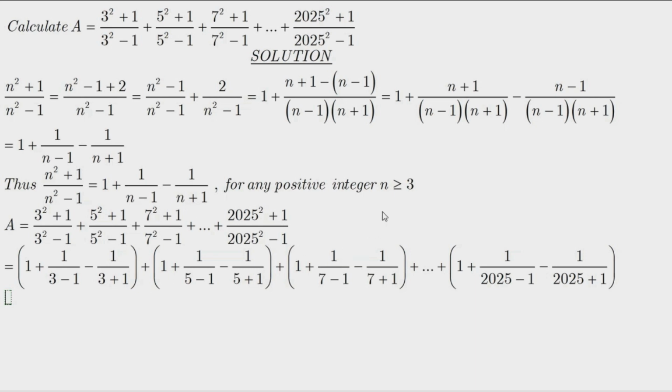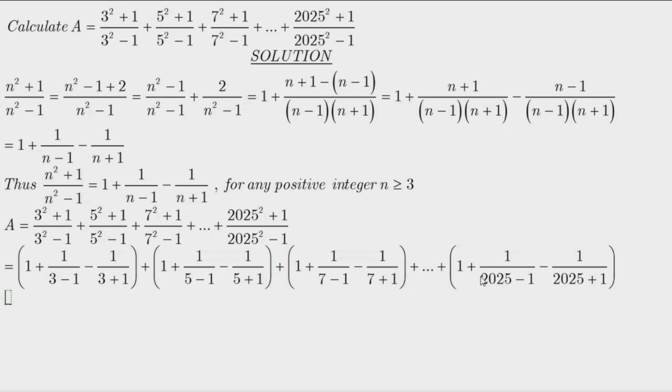That means we take n equal to 3 and substitute it into the general form. Then this fraction will be equal to these fractions. And that repeats until the last one, which is n equal to 2025.